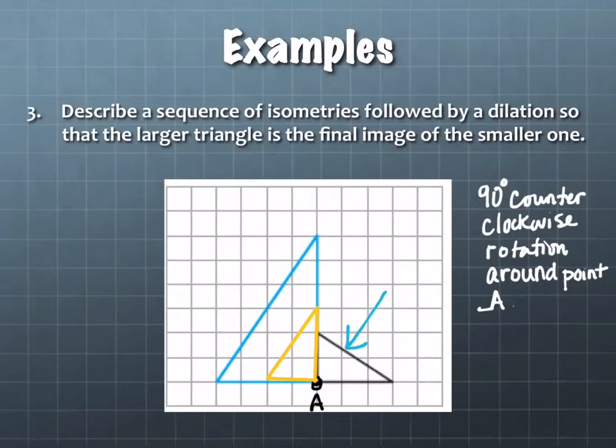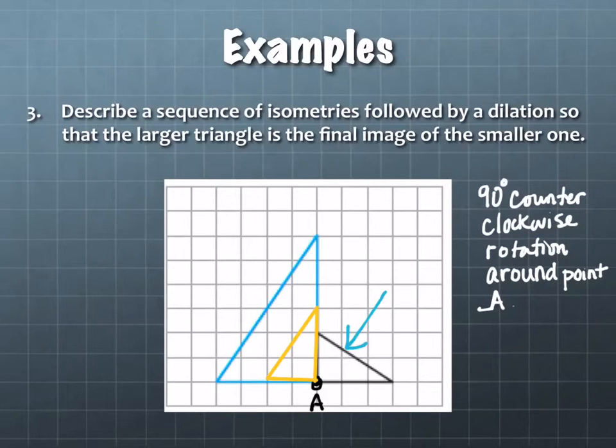Is it 2? The scale factor is 2. And I think you could use either the vertical or the horizontal side lengths, which are probably easier to see it on than the diagonal one. This one goes from length 2 to a length 4. This one goes from a length 3 to a length 6. It doubled it, right? So we had a dilation with a scale factor of 2, but we have to have a center of the dilation.